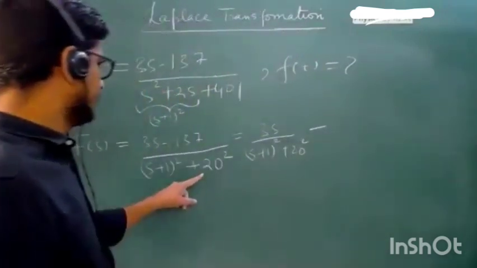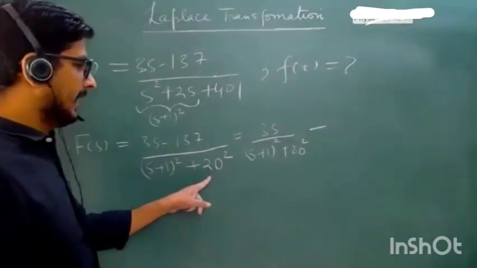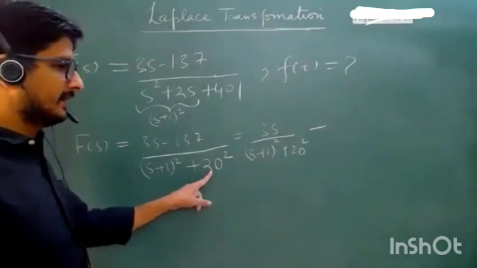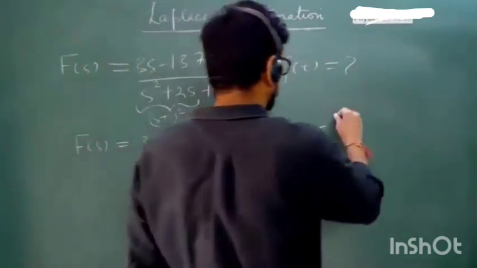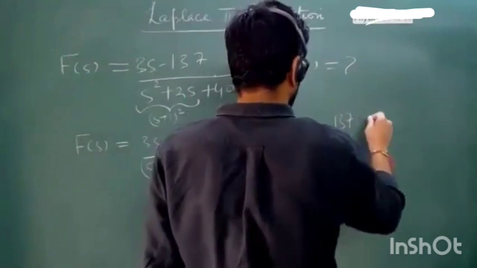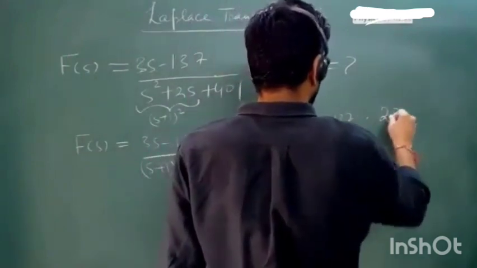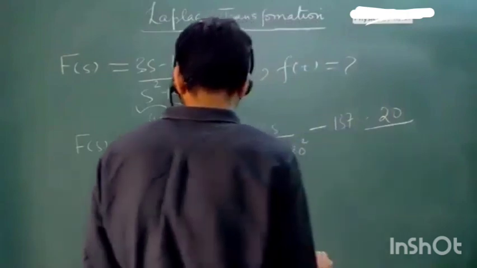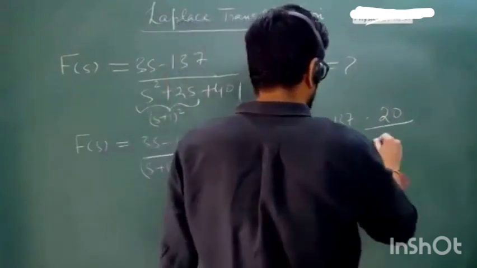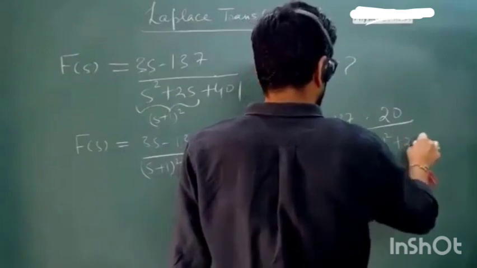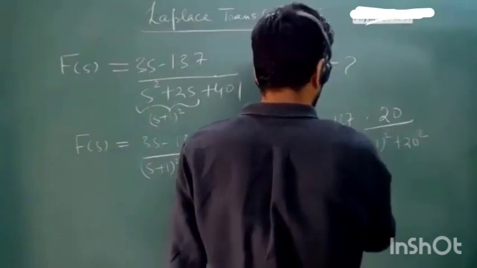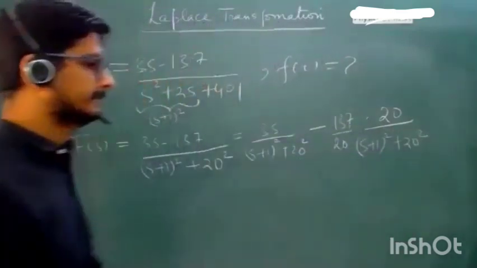Now please see, this will be s square plus a square, so we have to write 137 into 20 by s plus 1 square plus 20 square, and divide by 20. You understand?